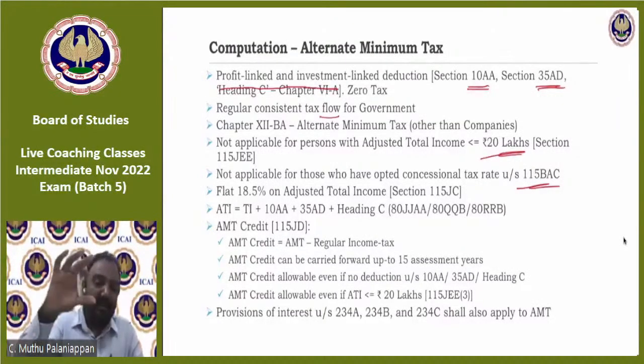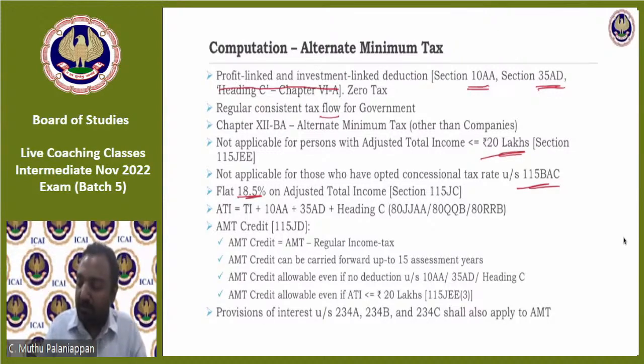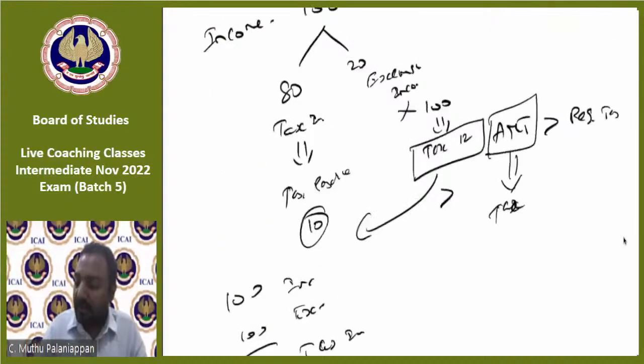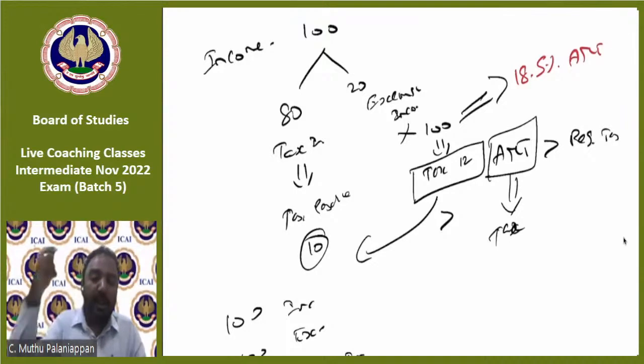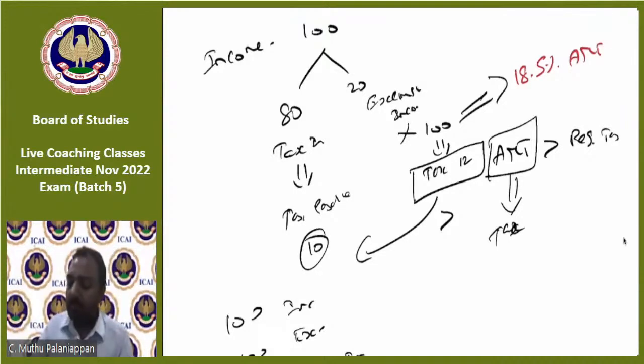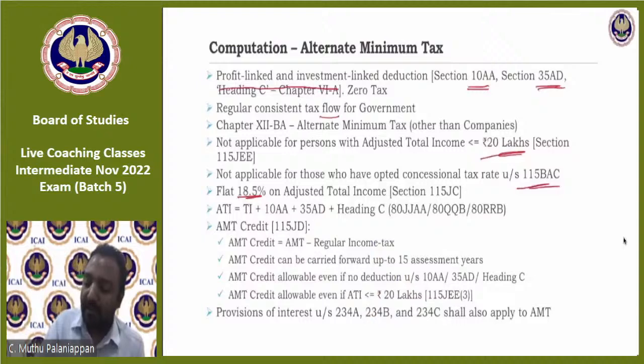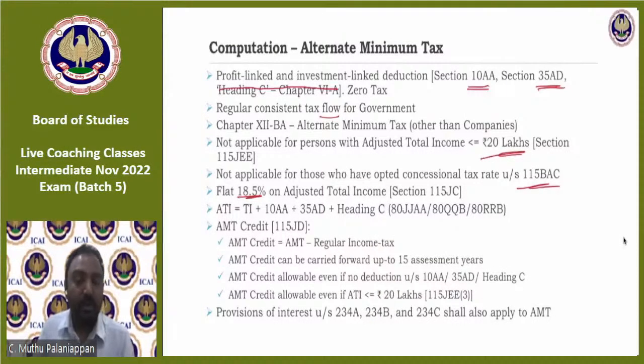So on that adjusted total income, the tax will be 18.5%. So in our example, the adjusted total income was 100, correct? So on 100, I calculate 18.5% as AMT. So I'll calculate a flat 18.5% on adjusted total income. So this is what the tax rate is.